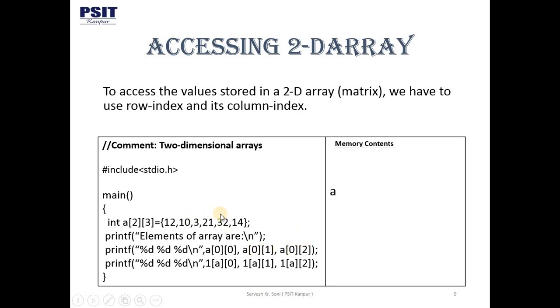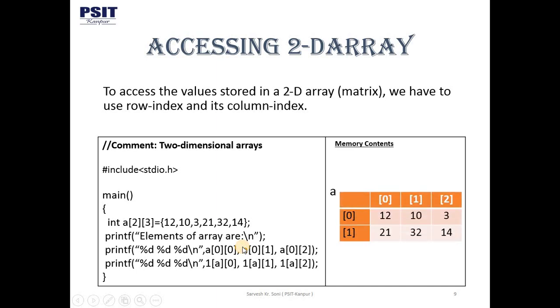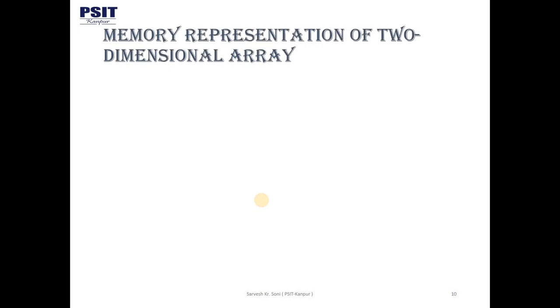Similarly A[0][2] means 3, and similarly 1[A][0]. These are some different ways. There is no difference between A[1][0] or 1[A][0]. I will discuss this later in the pointer concept to explain this type of accessing.